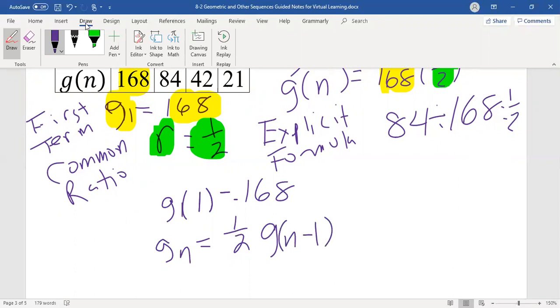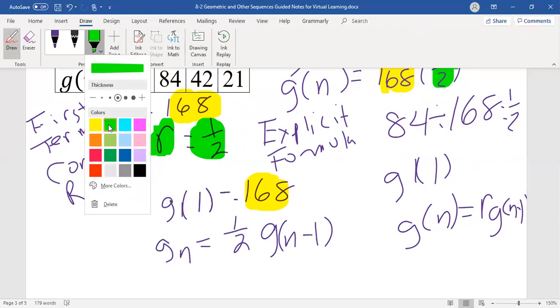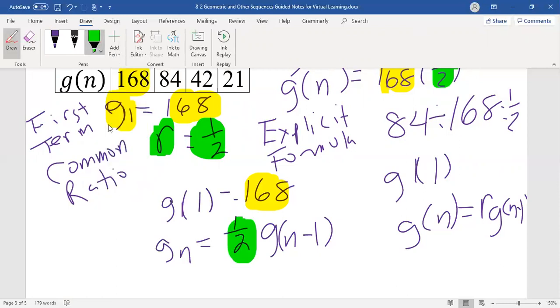So in general, the recursive formula is G1, then we have Gn, which equals R times Gn minus 1. Again, we use the same coloring scheme for my common ratio.